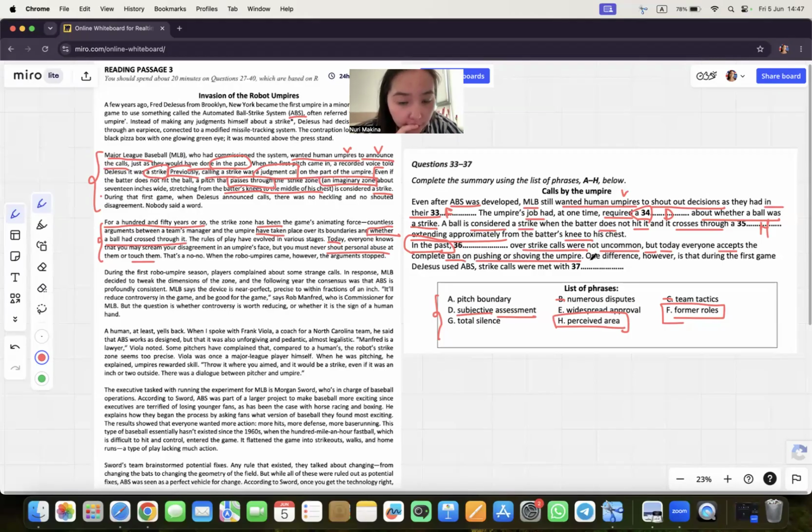And now we have everyone accepts, here everyone knows, which is very easy to find. And ban, I have already said. So let's come back to the beginning. So for 150 years ago, which is in the past, the strike zone has been the game's animating force, and countless arguments between a team's manager and the umpire have taken place.